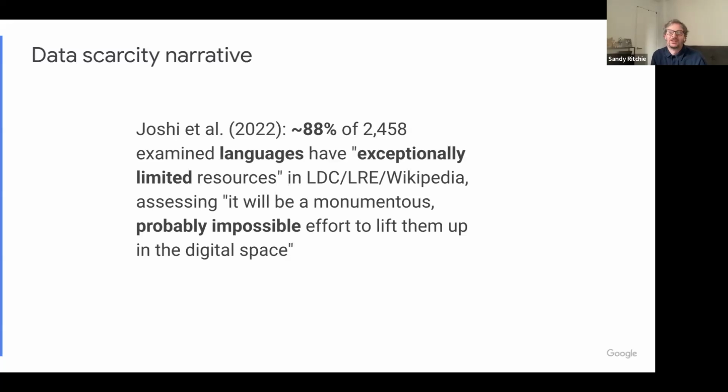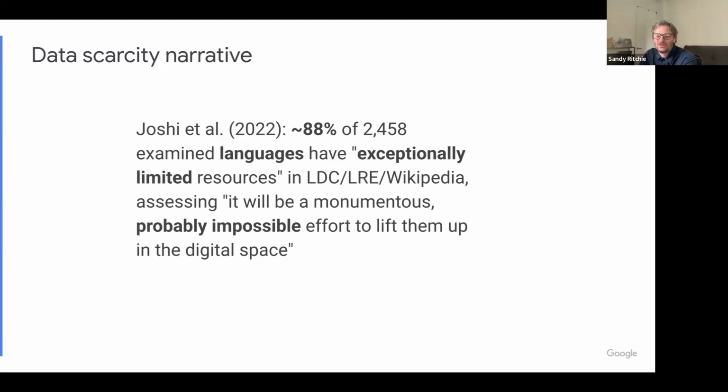which are poorly supported by current technologies. So there's this paper which is quite often cited by Joshi and his friends, which says that 88% of the 2,500 languages in their study have exceptionally limited resources in the repos that they looked at.